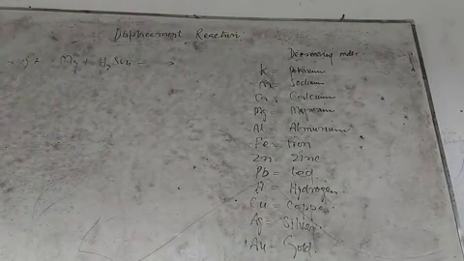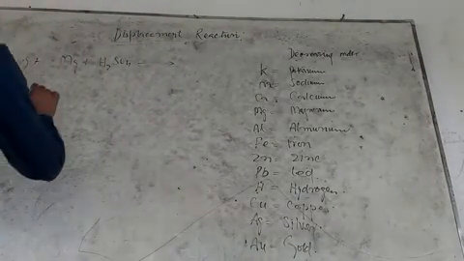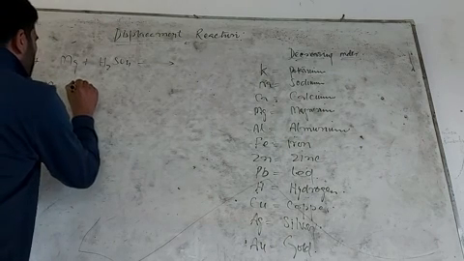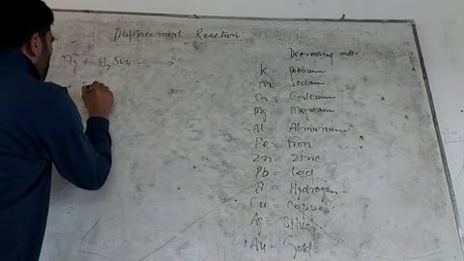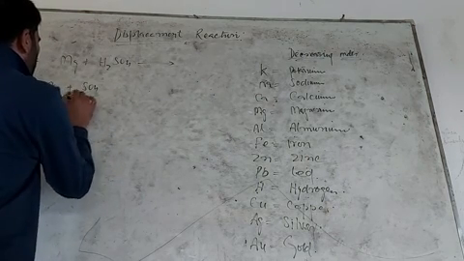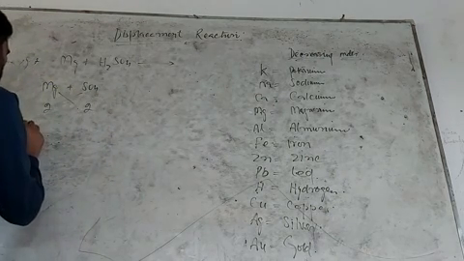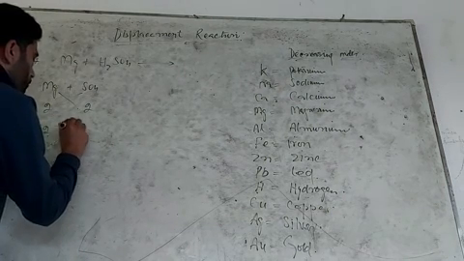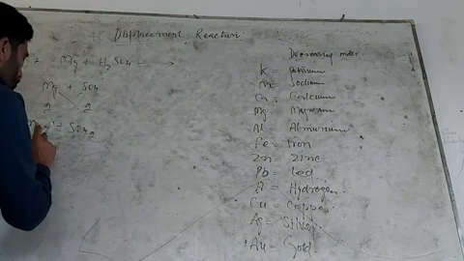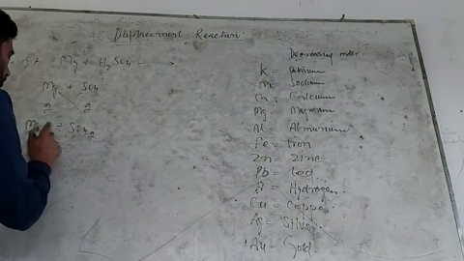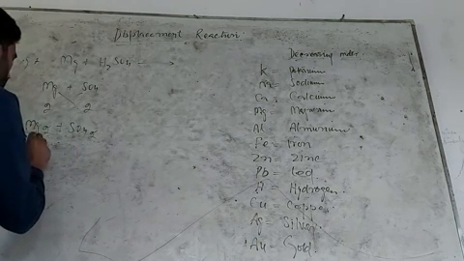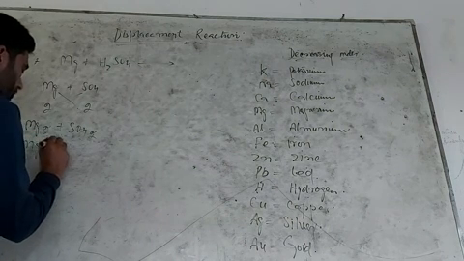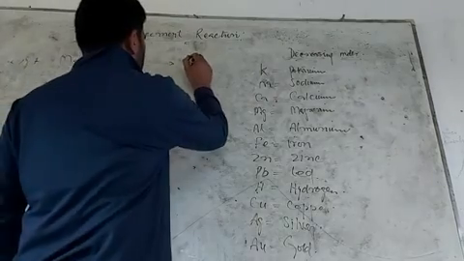As we know, magnesium has valency 2 and SO4 also has valency 2. When they cross-multiply, we will get Mg2 SO4 2. Since 2 and 2 are the same, they will cancel out. So we will get MgSO4.